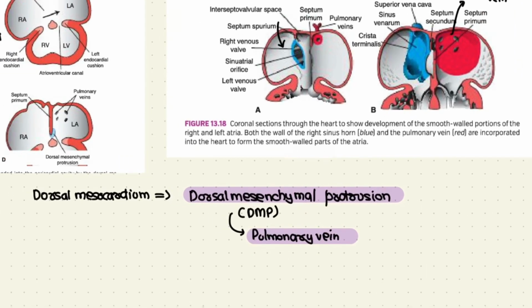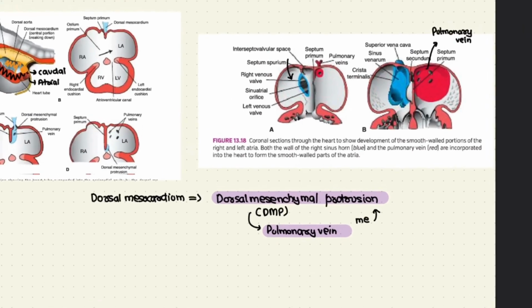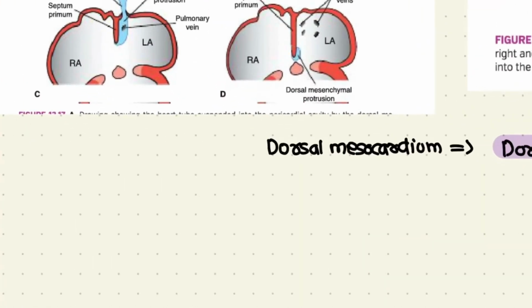So at this atrial pole, the pulmonary veins form within the mesenchyme of the dorsal mesenchymal protrusion. Initially we have one main branch of the pulmonary vein which gives two branches to each lung.